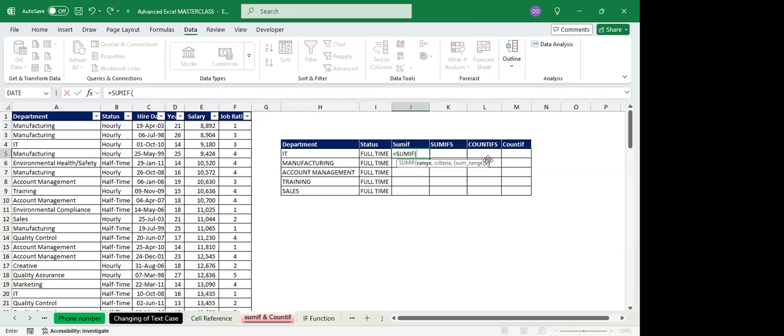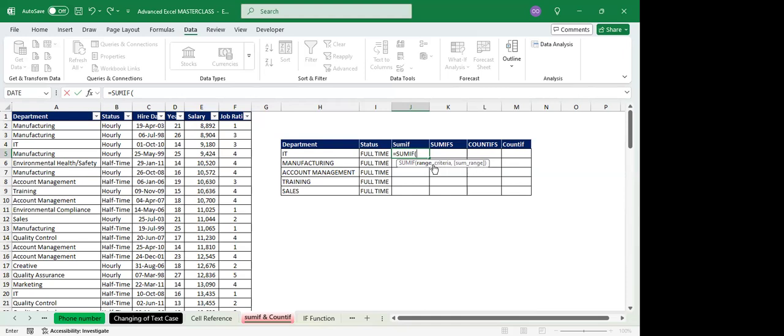Anytime you see sum range, sum means that I want to add some things together, and it's not possible for me to add alphabets together. So if I'm going to add at all, it has to be numbers. So if you see sum range, know that what is needed in that argument is a set of numbers that you can add together.